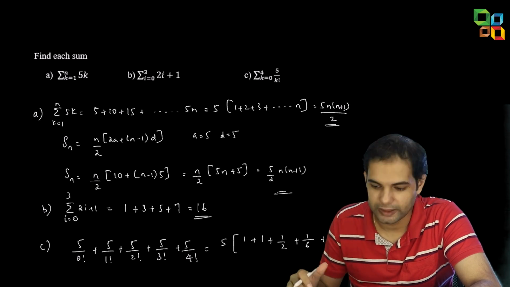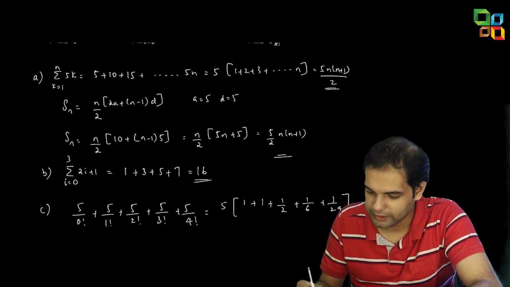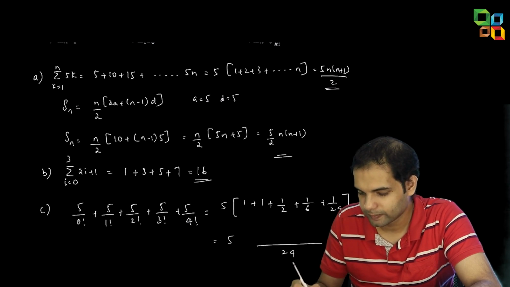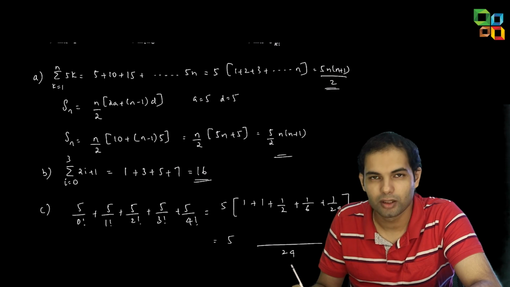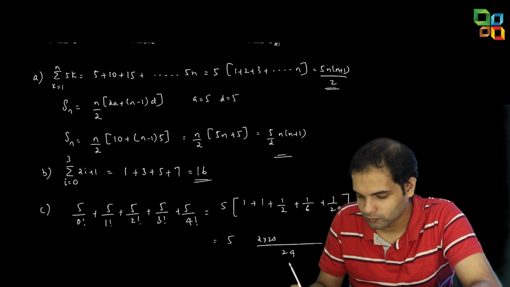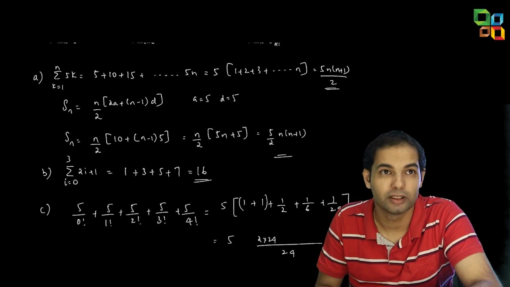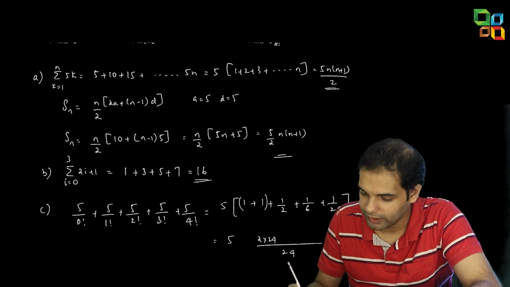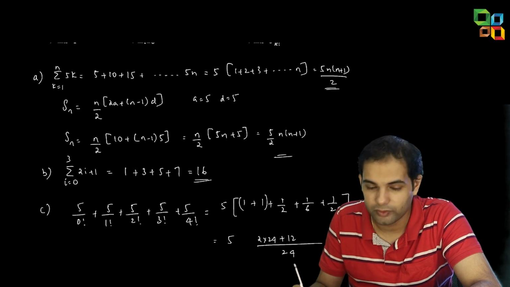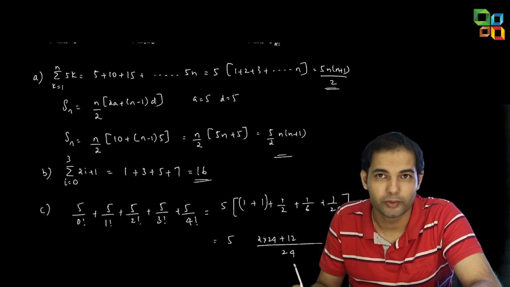If you want to simplify, okay, let's do it, because you have to take the LCM. LCM is 24, correct? The first two terms, I've combined these two, this is 2, so 2 into 24. Next term, 12, because if I multiply 2 by 12 I get 24.